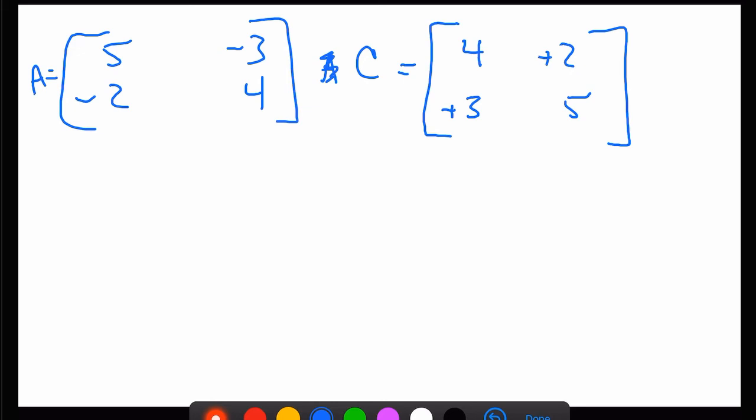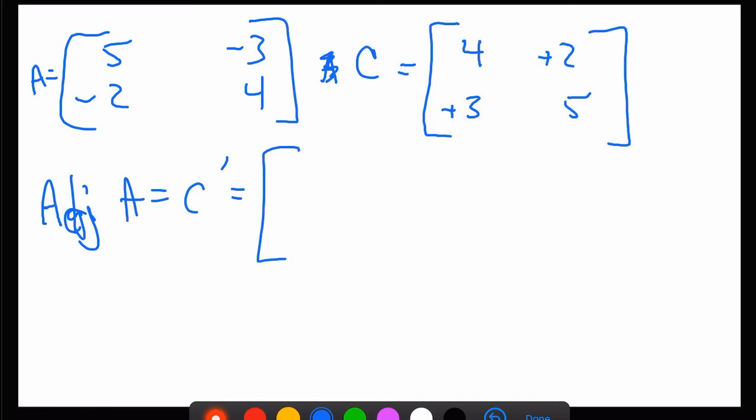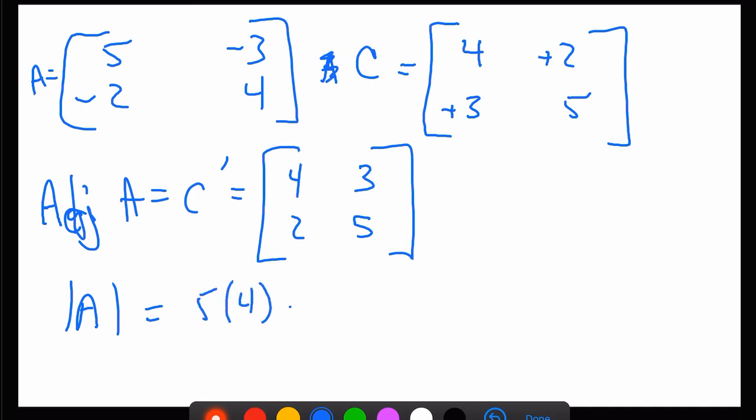Yes? Adjoint A equals C transpose equals 4, 2, 3, 5. Okay? Yes? And determinant of A is 5 times 4 minus 2 times minus 3 is 20 minus 6 is 14.